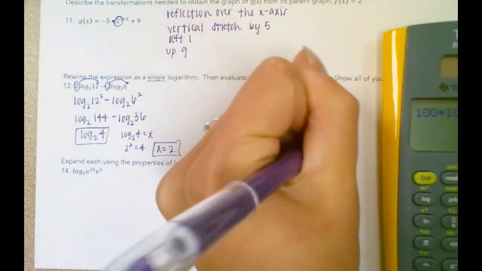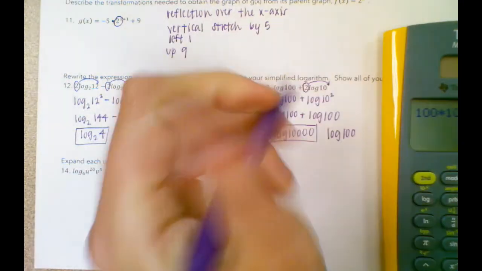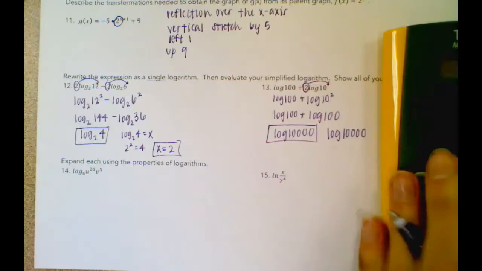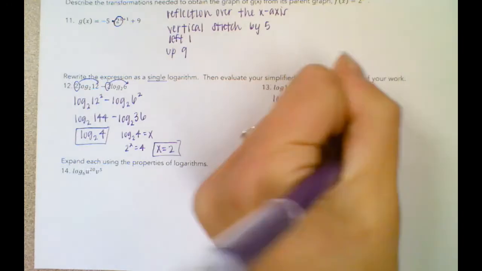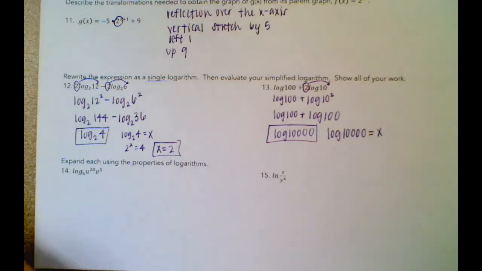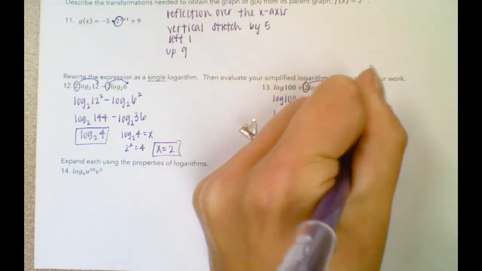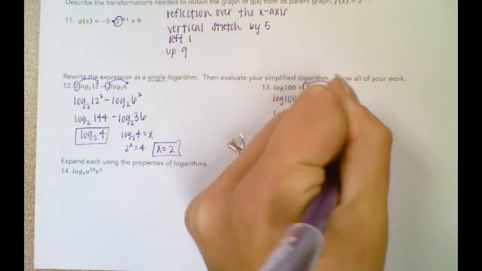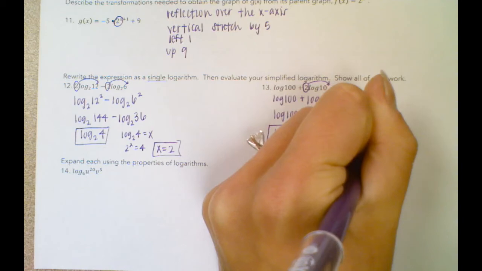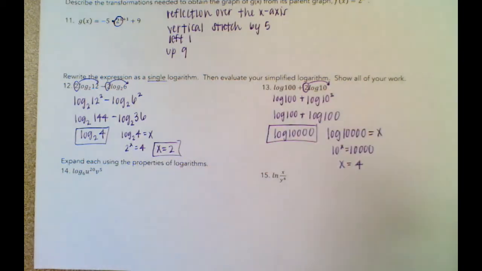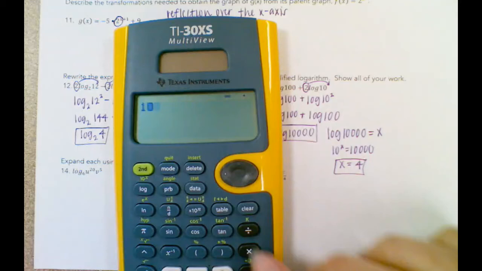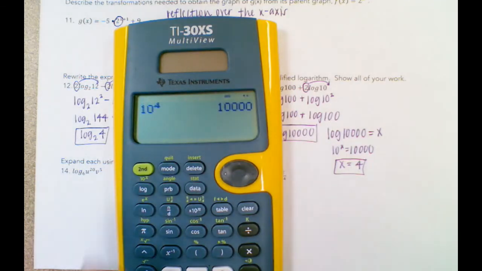So then now I'm going to set that equal to x. Okay, this is base 10, so 10 to the x equals 10,000, and x equals 4, because I have 4 zeros. 10 to the 4th is 10,000.